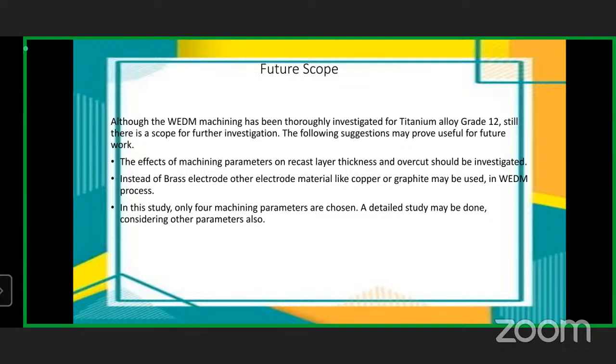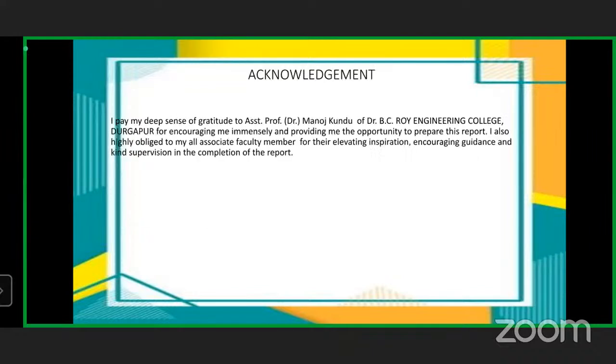The effect of machining parameters on recast layer thickness and overcut should be investigated. Instead of brass electrode, other electrode materials like copper and graphite may be used in the wire EDM process. In this study, only 4 machining parameters are chosen. A detailed study may be done considering other parameters also.